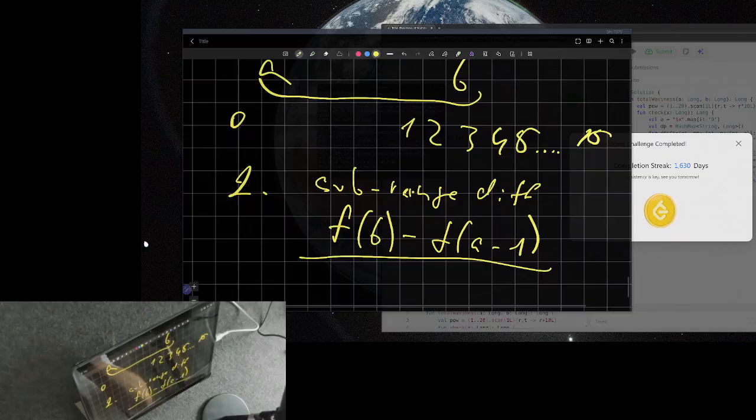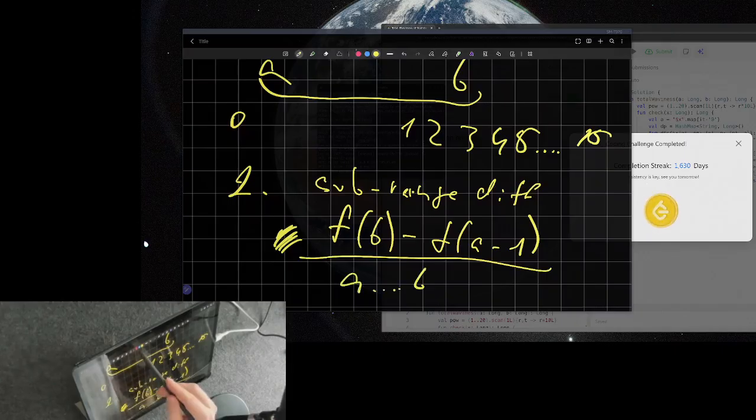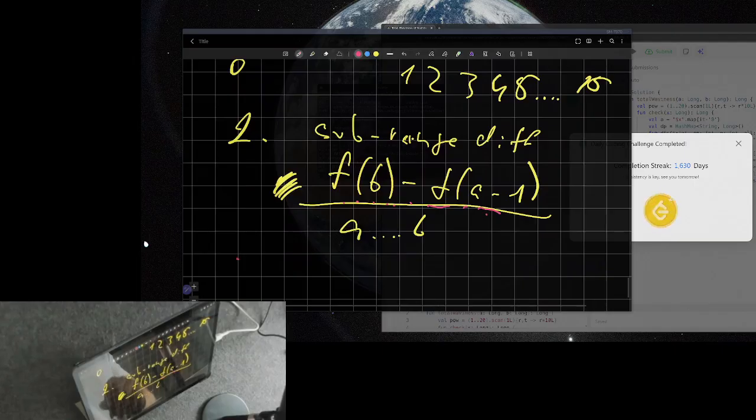This is a standard trick on LeetCode that you have to remember. If you have a range from a to b, almost always you can do this trick. The second trick is digit dp.